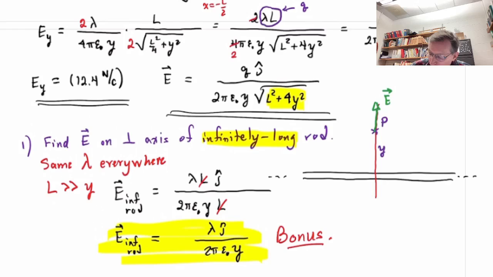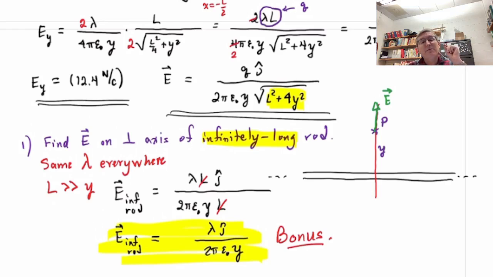Okay? You want one other little challenge? I'll give it to you and I'll let you think about it. Go back to the finite length rod, not the infinitely long one, the finite length. And imagine that the point P is way up on the y-axis, so that the y value now is very big. Shouldn't the rod then, if you're very far away from it, start to look like a particle?